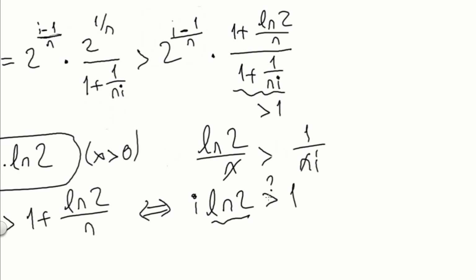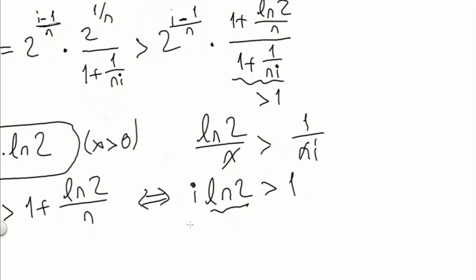Not really. So basically if i is equal to 1, ln 2 is less than 1, so this is not true. But if i is 2, so ln 2 to the 2, which is 4, and ln 4 is bigger than 1, so this is bigger than 1. So this is actually true if i is bigger or equal than 2.